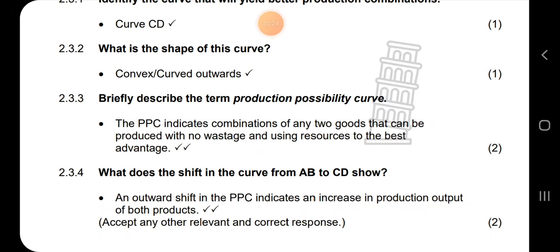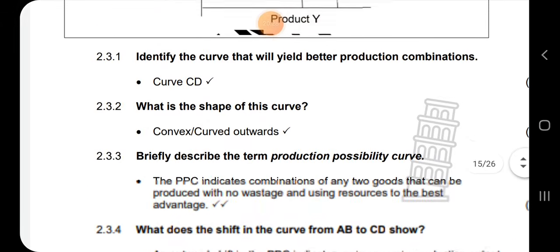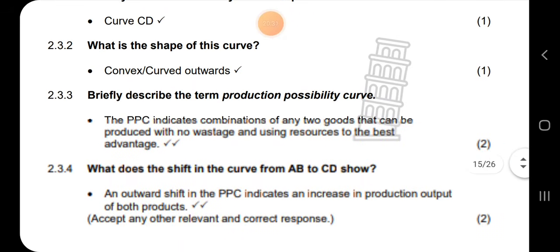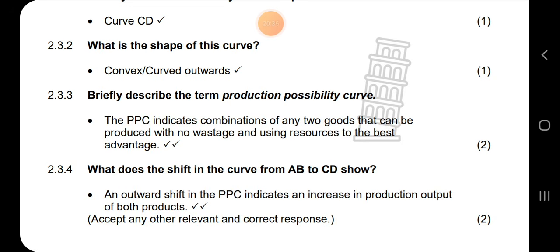So know that the production possibility curve shape is convex or curved outwards. 2.3.3 says, briefly describe the term production possibility curve. The production possibility curve indicates combinations of any two goods that can be produced with no wastage and using resources to the best advantage. So that is the production possibility curve.